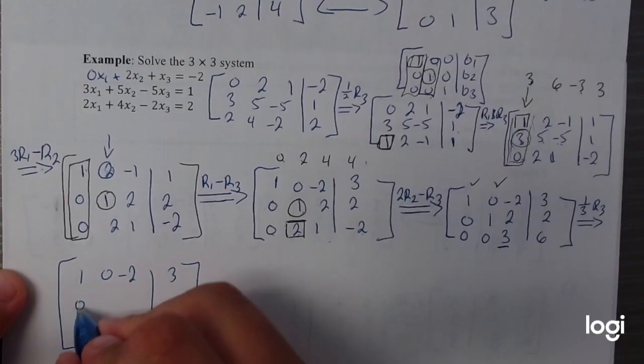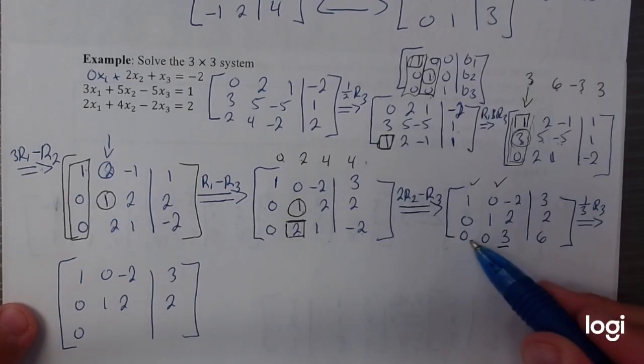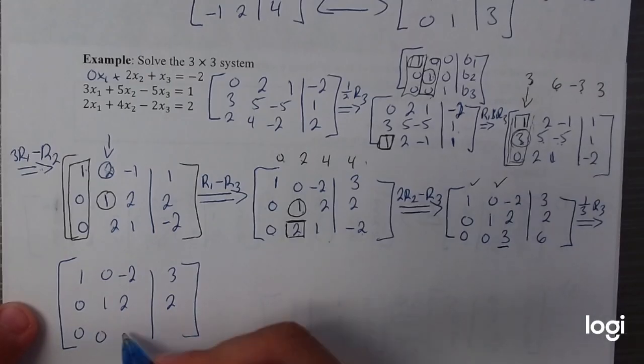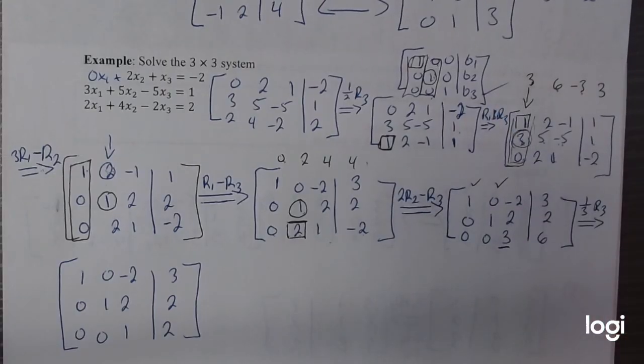And everything else is going to be the same. So divide by 3, 0, divide by 3, 0, divide by 3, 1, divide by 3, 2. And look at that. We got our answer for x3.